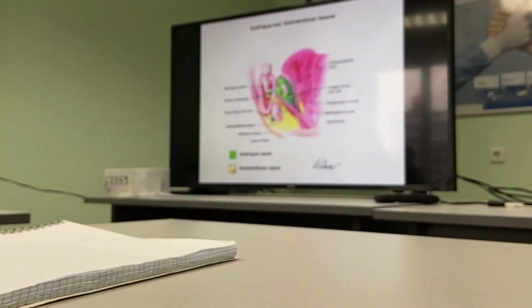If we remember the floor of the mouth, we have 5 anatomical areas: sublingual and submandibular on the right side, sublingual and submandibular on the left side, and 1 submental.